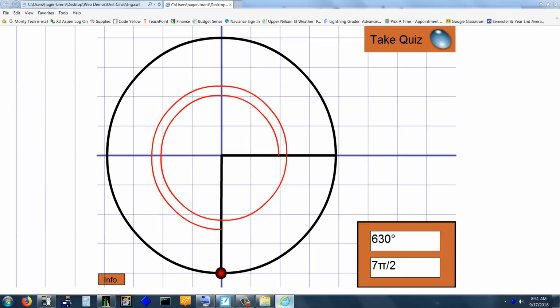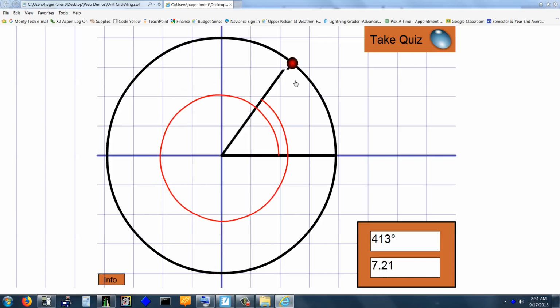We know that just by looking at it. If I start at 630, and go around one time, and then stop. What did I just subtract from 630? 360. I just subtracted one revolution, which is 360 degrees.